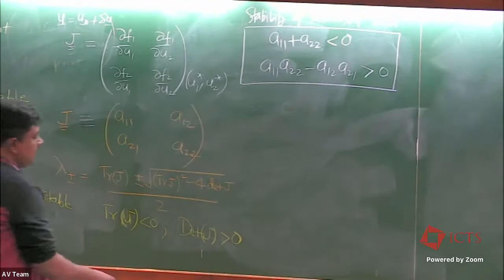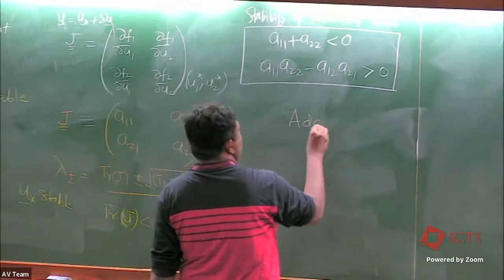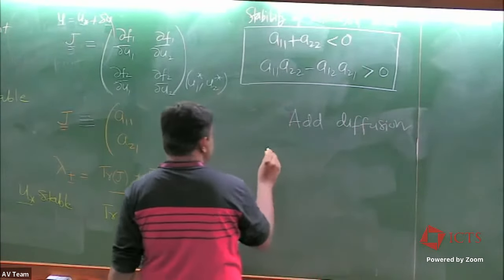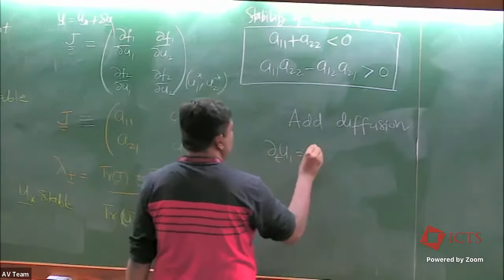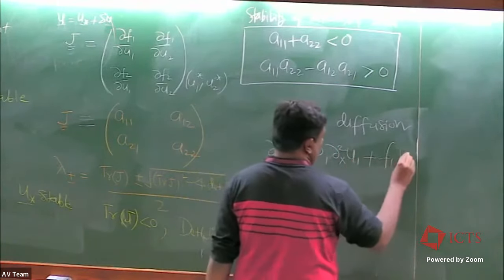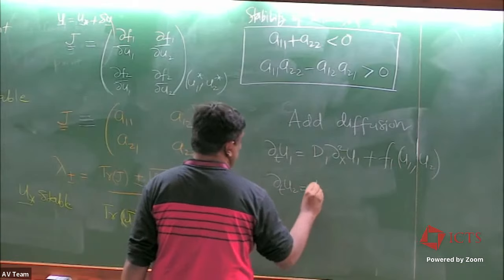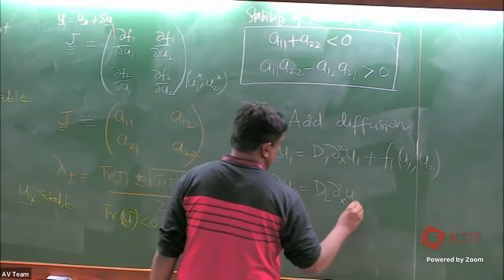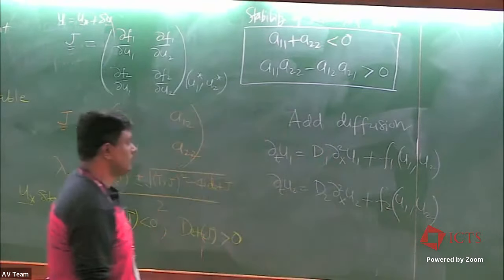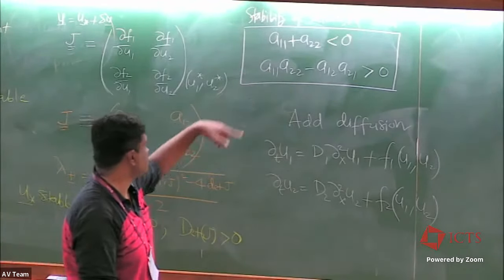So far, so good? So now I take the system and all I do is add diffusion. So that means my equations will become different, but the coefficients still satisfy this criteria.